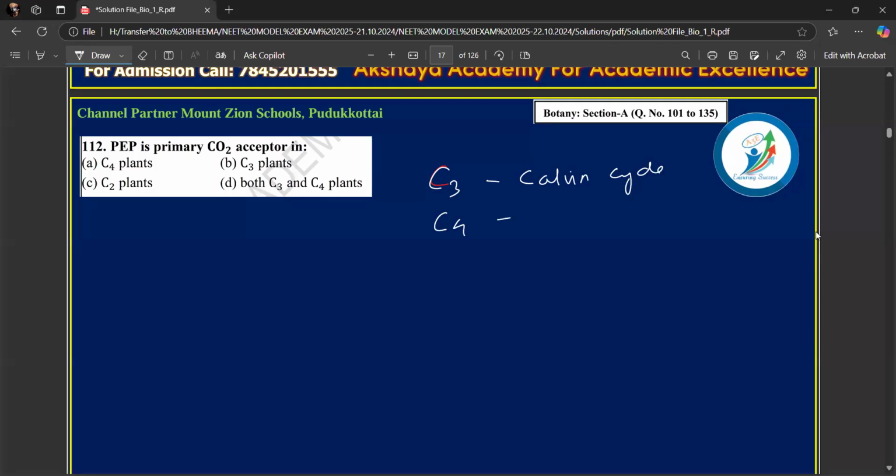C4 plants have the C4 cycle and C3 cycle. In the Calvin cycle, if rubisco carboxylase is working, then we have the C3 cycle. If oxygenase is working, we have the C2 cycle or photorespiration.